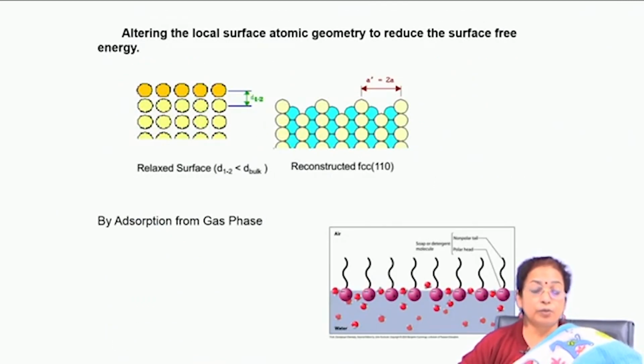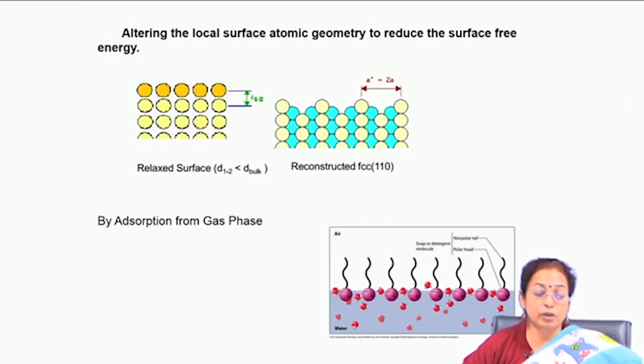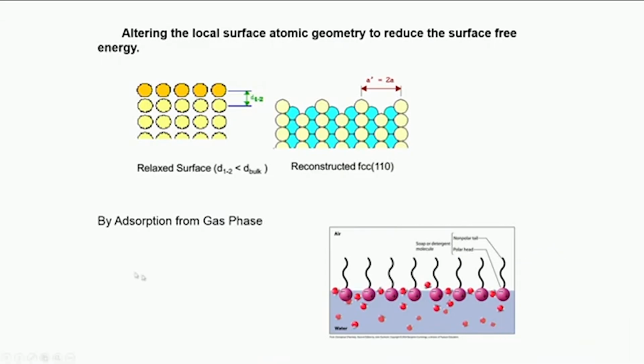Another phenomenon which is usually observed in metallic materials or maybe semiconductor materials, when you see the surface under ultra high vacuum, is the change in atomic arrangement of the surface. So, there are two important changes which occur, especially when you take pure materials, maybe metallic or non-metallic, and see them under ultra high vacuum.